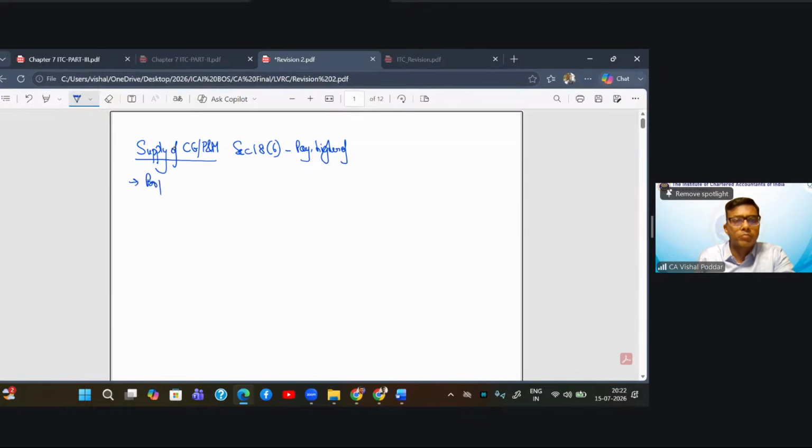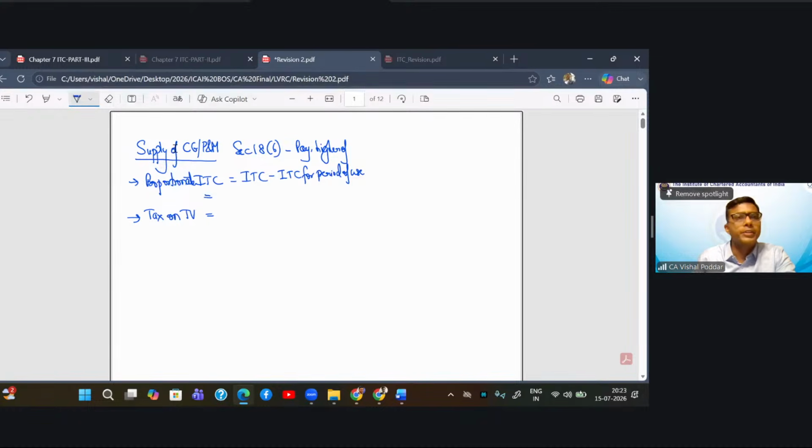First, proportionate ITC. Second, tax on transaction value. So we'll do the calculation of both. Firstly, we'll do the calculation of proportionate ITC. How? ITC minus ITC for period of use.